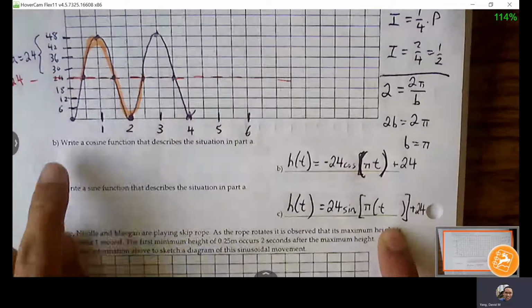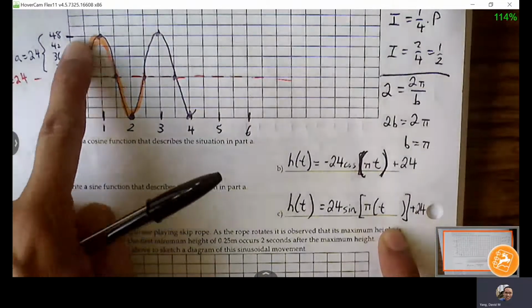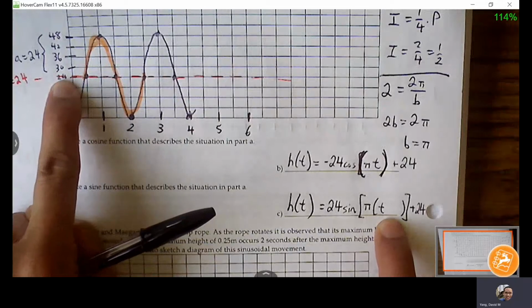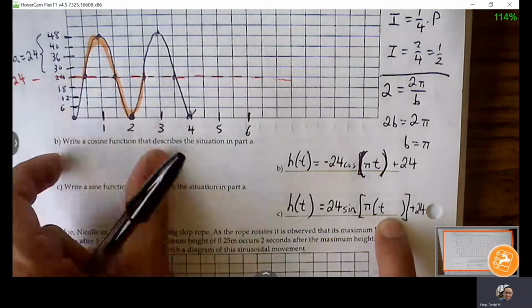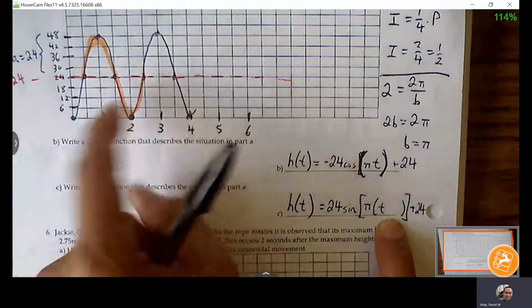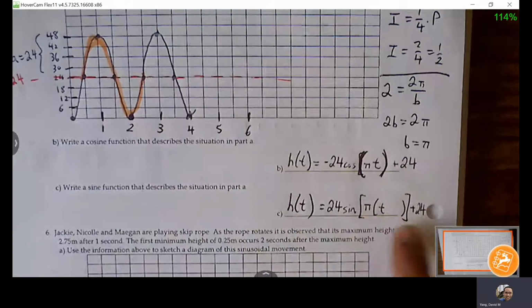So this sine is this imaginary graph that I have in my head that starts at 0, but what's my shift going to be? Yeah, shift to the right one to make it match this graph that I want. Starts at 0 to the right one. Good.